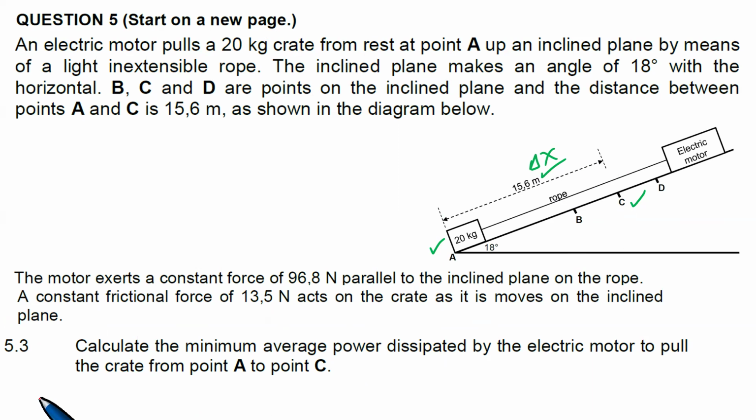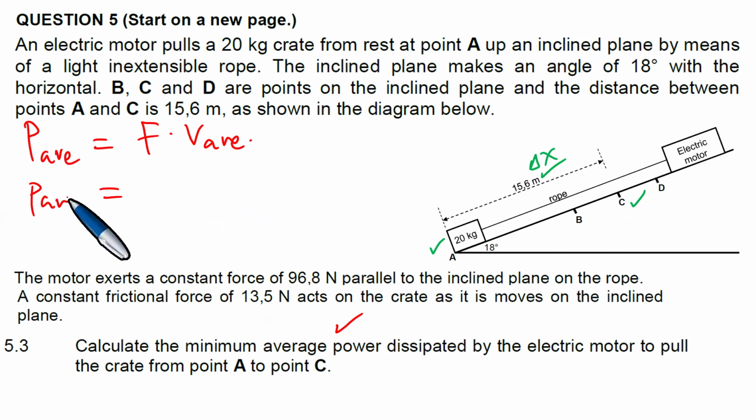Right, to calculate the minimum average power, you're going to say power average is equal to the force times the average velocity. Power average is 96,8.